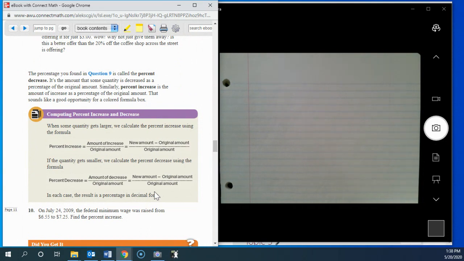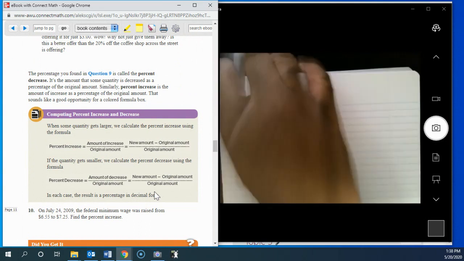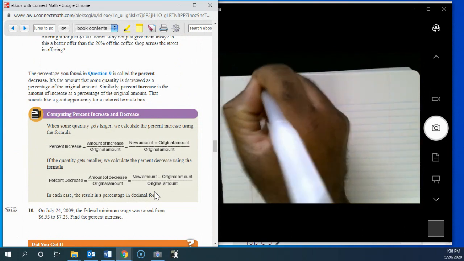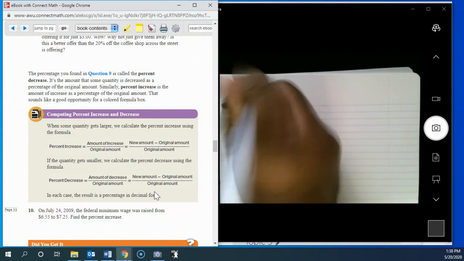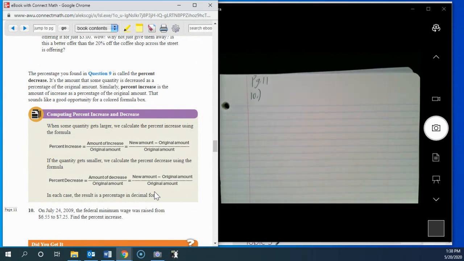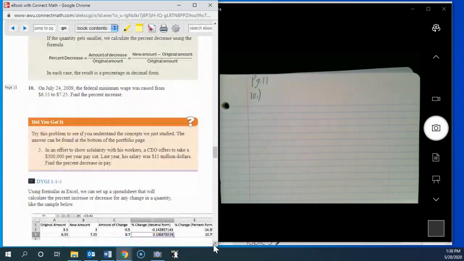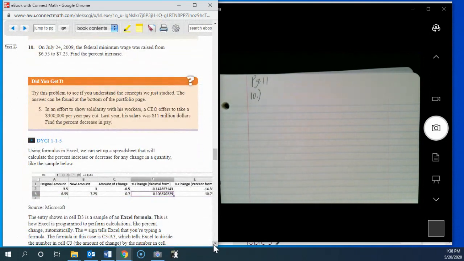The formula for percent increase and percent decrease is exactly the same. Now, on page 11, we're going to go over a problem. Problem number 10. It says on July 24th, 2009, the federal minimum wage was raised from $6.55 to $7.25.